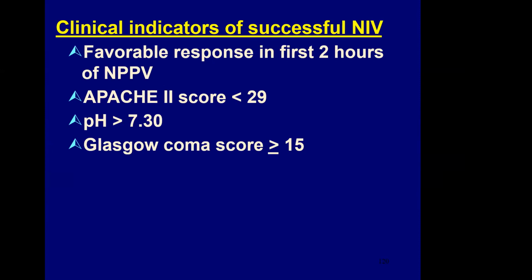APACHE scores are a critical illness score; the higher the APACHE score, the worse off the patient is. The pH must be greater than 7.30. The patient should have a Glasgow Coma score of greater than 15. That is a measure of neurologic function.